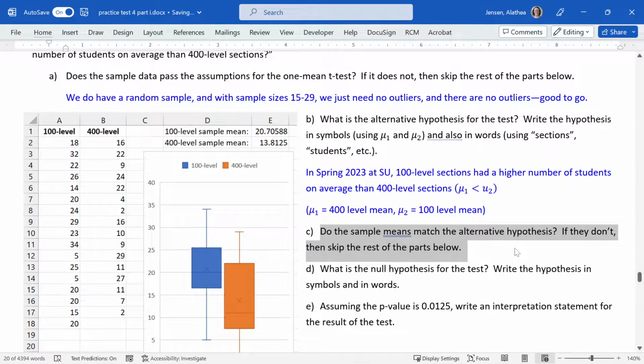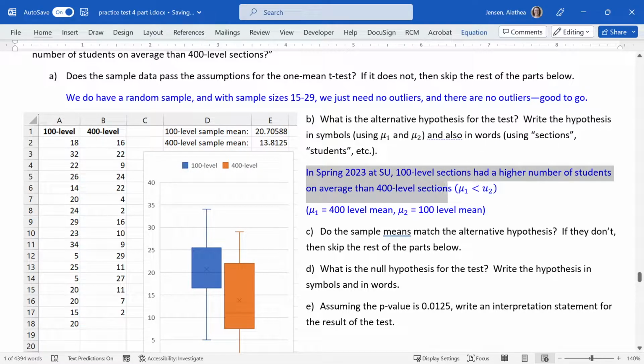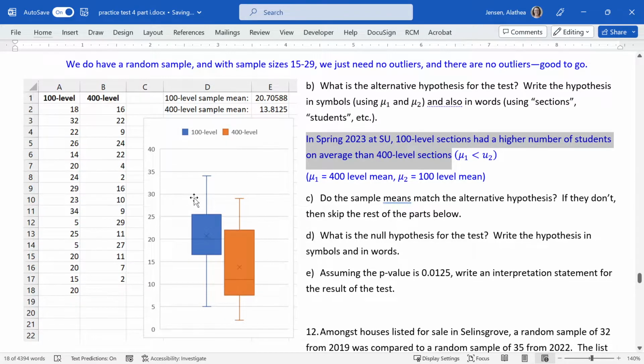Okay, so what I mean by match is, is it true that the sample mean for population 1 is actually less than the sample mean for population 2? Or if you want to look at the word version, is it true that the sample mean for 100 level sections is higher than the sample mean for the 400 level sections? Okay, so just looking at our box plot here, you can see the means are where the x's are, or you can look at the numbers I calculated up here at the top.